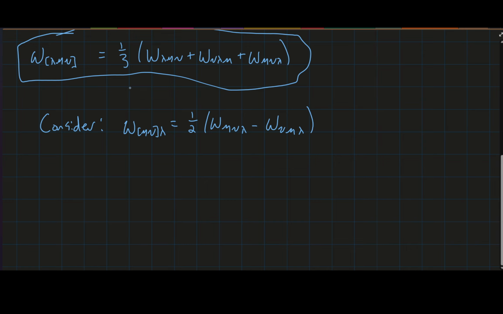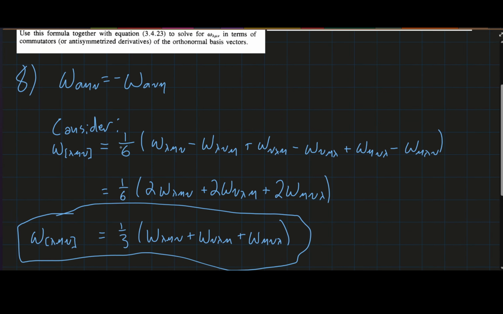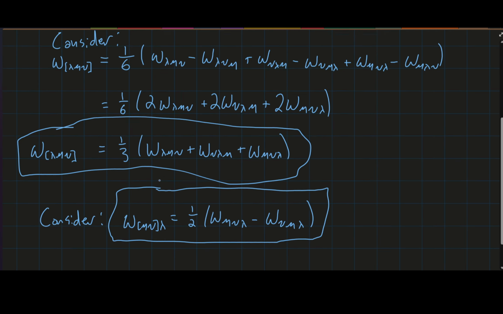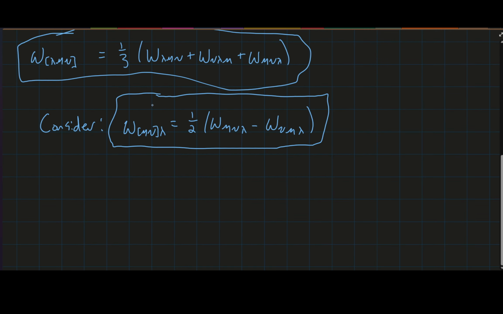So now we have these two expressions. What we want to do is take 3 times the first one and subtract 2 times the second one. Effectively the 3 and the 2 are just going to get rid of the fractions out front.